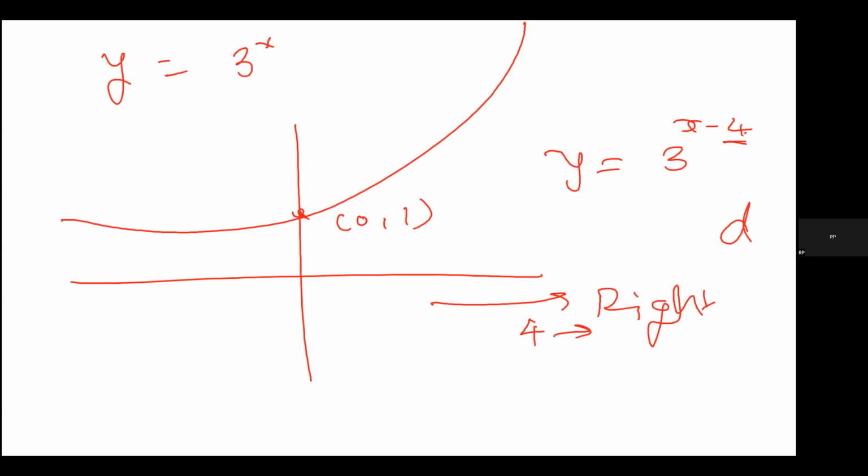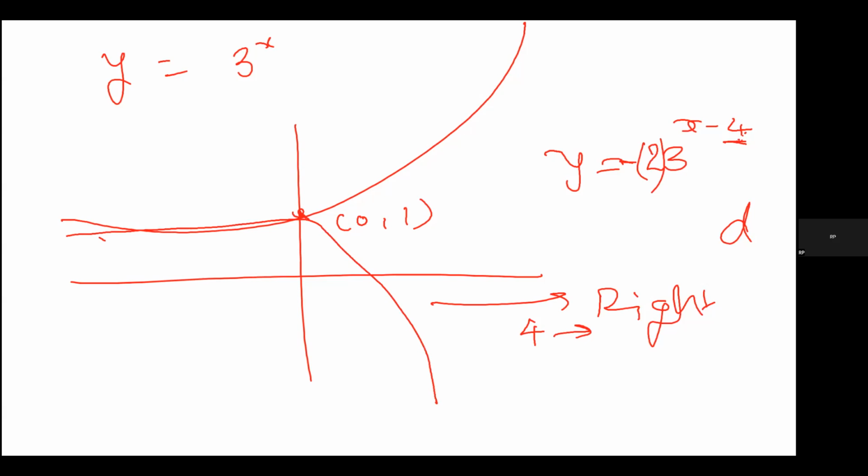And when you have a graph multiplied by 2, it is vertically stretched by 2. So this I will put into the bracket. So this is a vertical stretch of 2. And if you have a minus here, the graph will reflect on the x-axis. So when you have a graph reflected on the x-axis, it will go like this. This is the reflection.